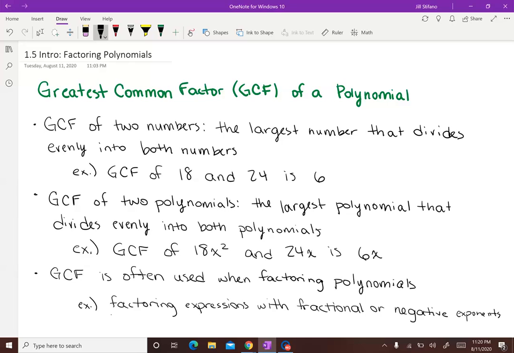In that case, we use the technique of factoring out the greatest common factor of the expression. Let's talk about another technique of factoring by grouping.